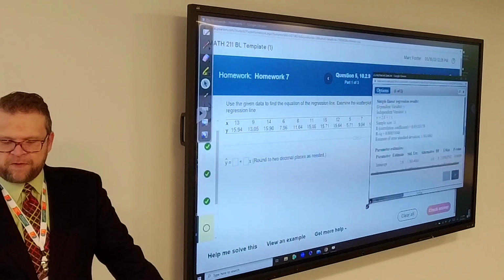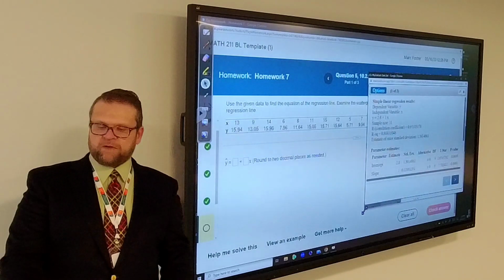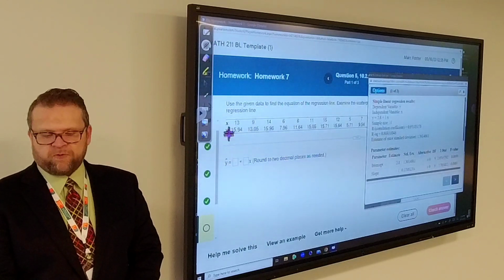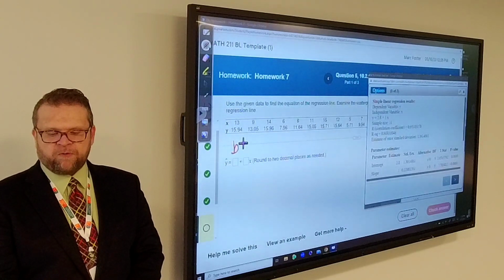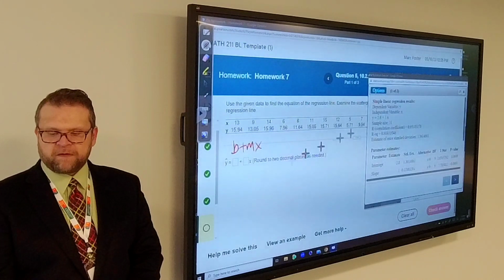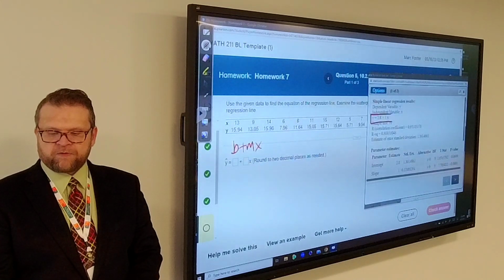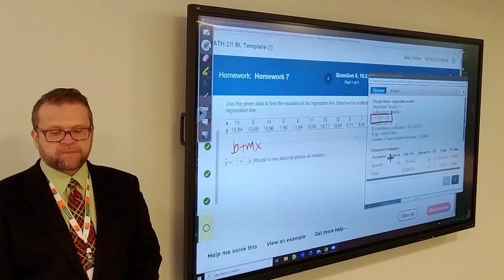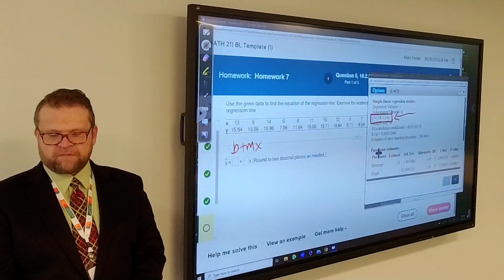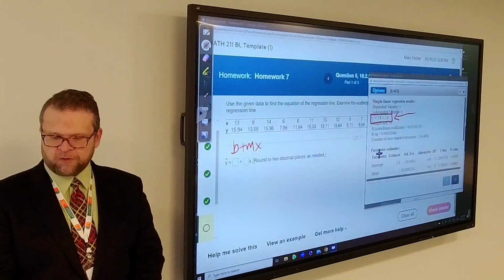And what they want from us first is the equation of the line. And you be careful because they want it in the order b plus mx. There's my line. 2.8 plus 1x. Couldn't get a simpler slope than that.